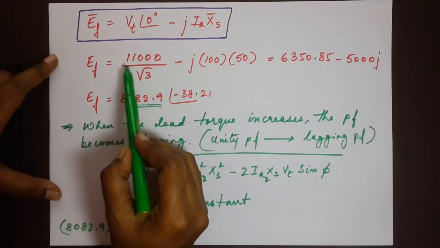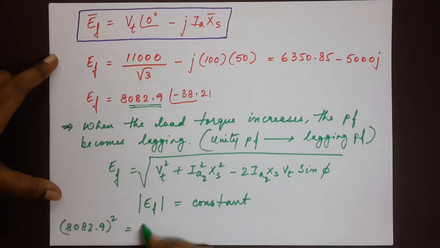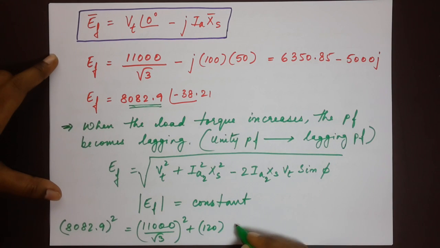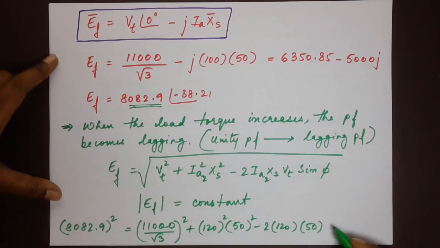We noted that Vt is 11,000 divided by root 3 square plus Ia is now 120 square, Xs is 50 square minus 2 into 120 into 50 into Vt. Vt is again 11,000 divided by root 3 into sin phi.